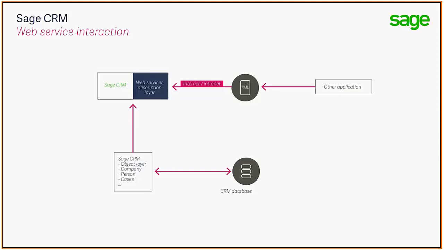Now, typically what will happen is that you see quite a lot of activity inside the Sage CRM logs as the message is received and is unbundled into a series of SQL requests.